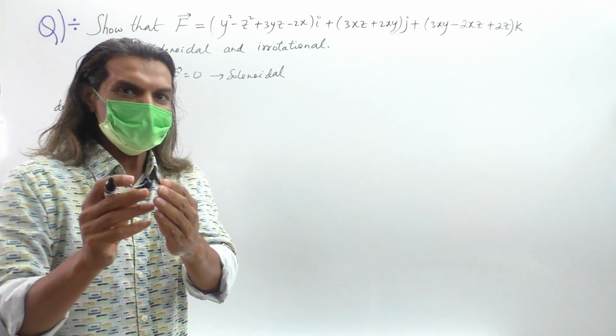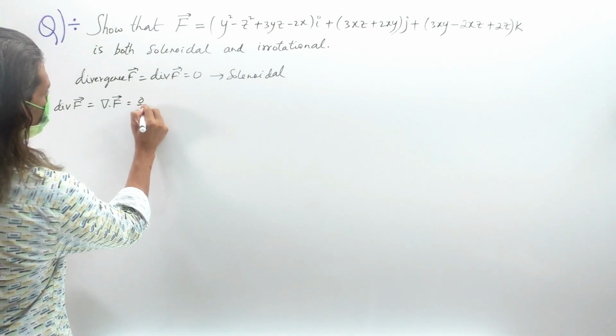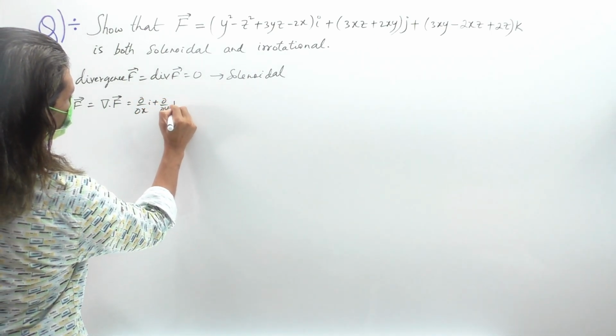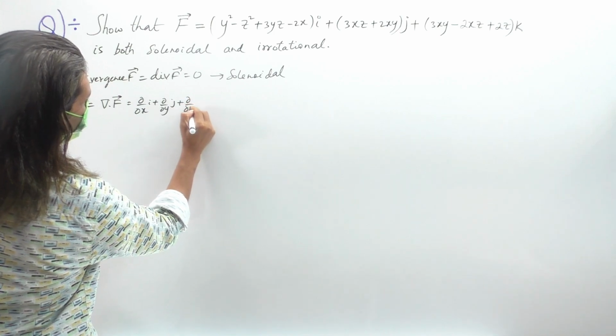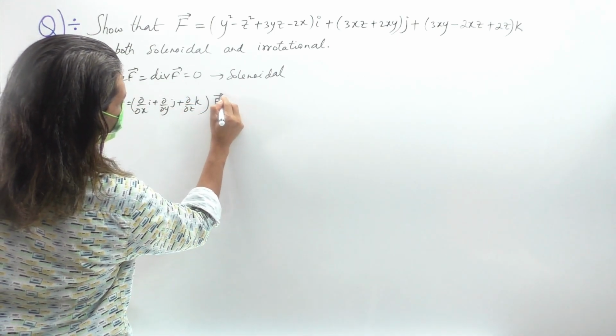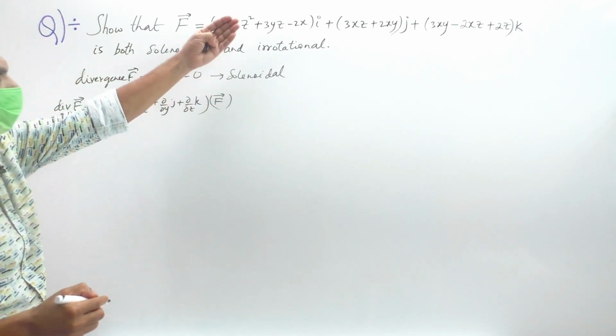When they ask for div, just apply del. Del means dou by dou x of i plus dou by dou y of j plus dou by dou z of k, dotted with the f vector.